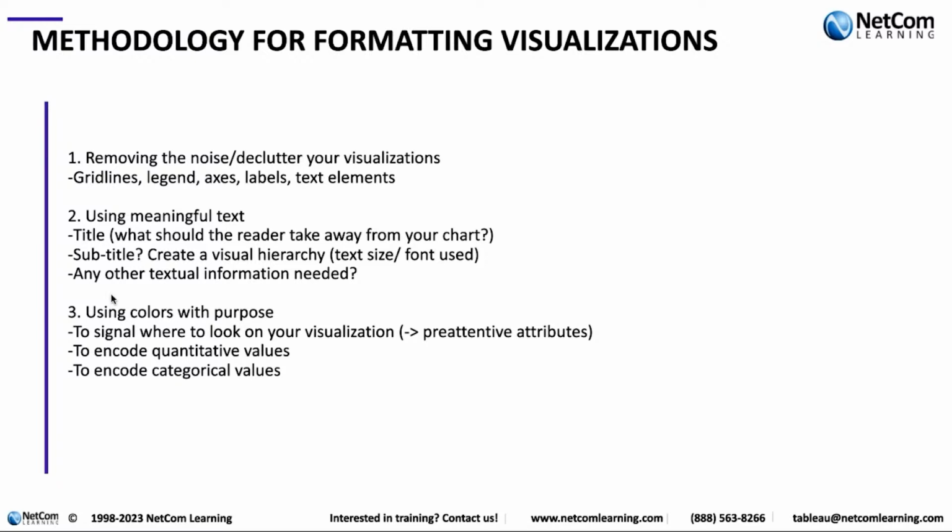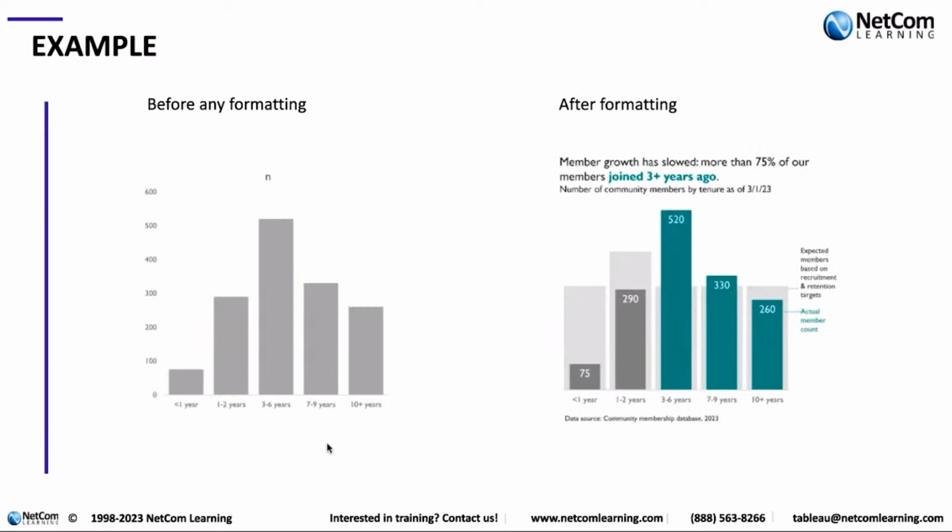We saw that colors are very important as well, and using a limited number of colors, we can use those to indicate pre-attentive attributes, to encode qualitative values, or to encode category values on our graph itself. So this is an example.